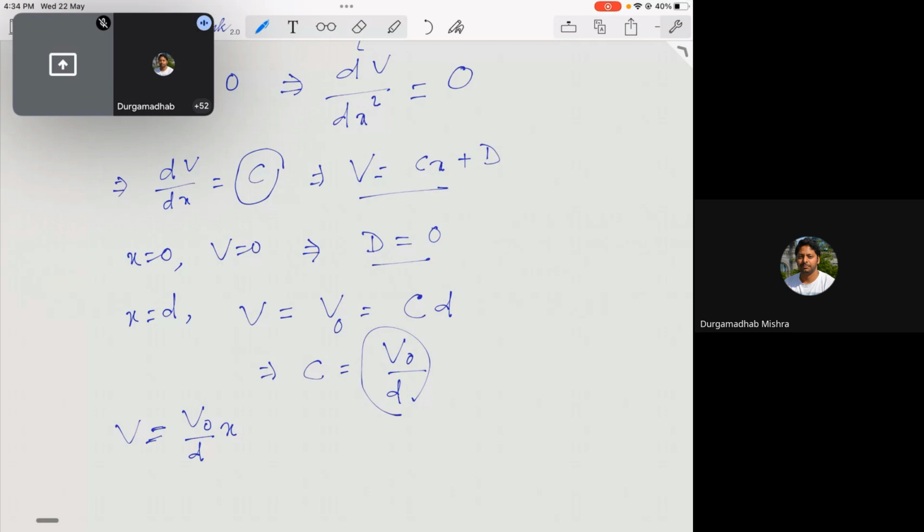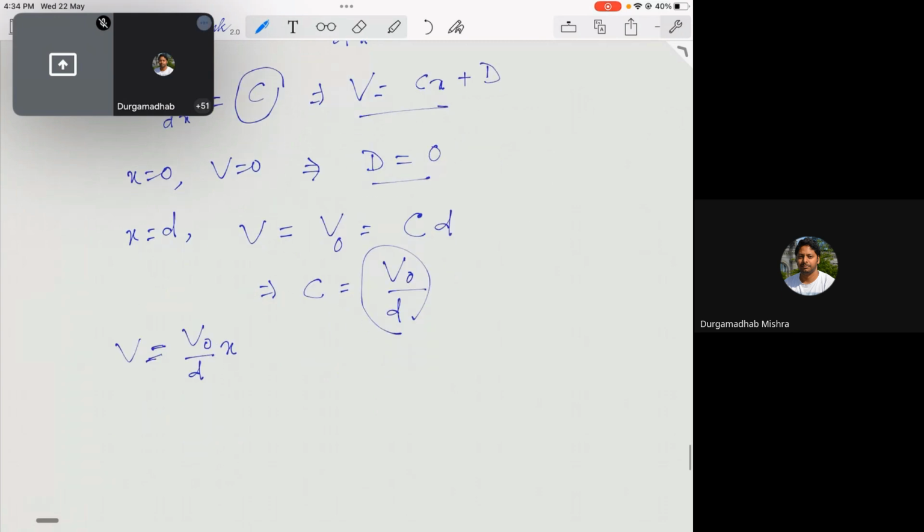Now, what will be the electric field? Again, we say E is minus gradient of V. Since we are talking about a one-dimensional problem here, it is simply minus dV by dx i cap. This is the x-axis, and we are sticking to a one-dimensional problem.